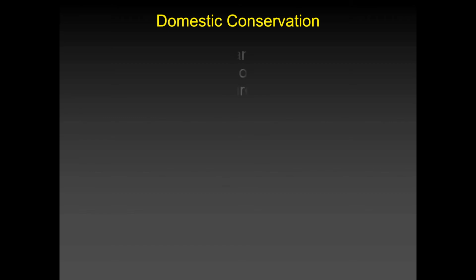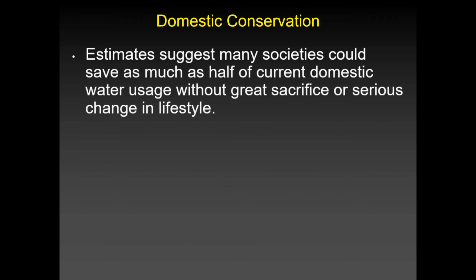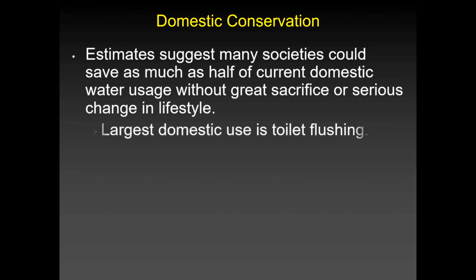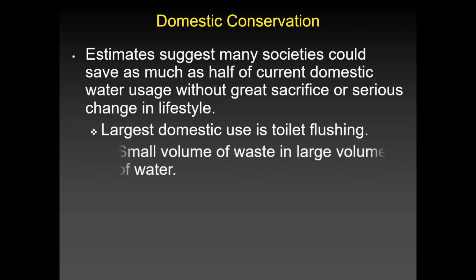With domestic conservation, estimates suggest many societies could save as much as half of the current domestic water use without great sacrifice or serious change in lifestyle. Largest domestic use is toilet flushing. I'm not suggesting you do the whole, if it's yellow, let it mellow, if it's brown, flush it down. That's just kind of disgusting.